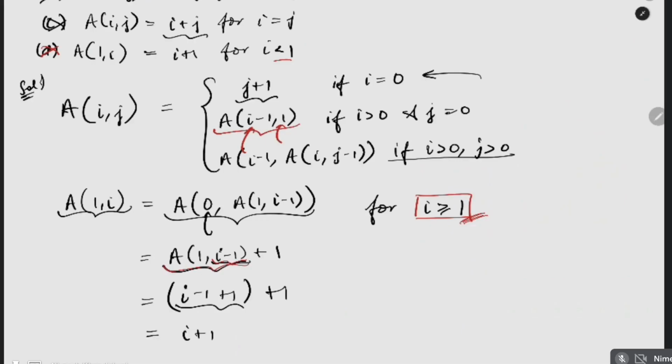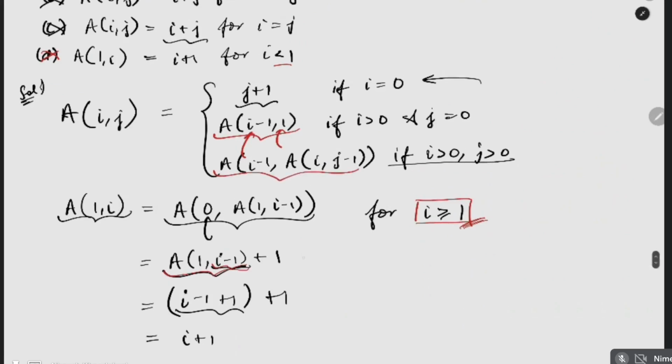Or we could have just gone this way also, because this will be A of 0 comma A of 1 comma i minus 2, plus 1, this one.